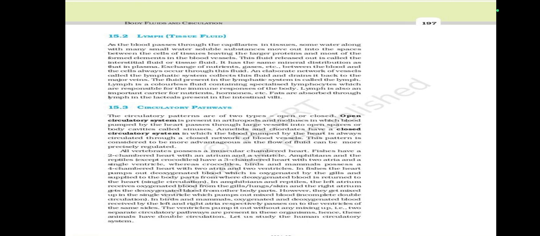Annelids and chordates have a closed circulatory system in which the blood pumped by the heart is always circulated through a closed network of blood vessels. This pattern is considered to be more advantageous as the flow of fluid can be more precisely regulated.